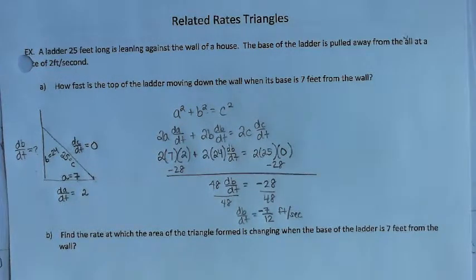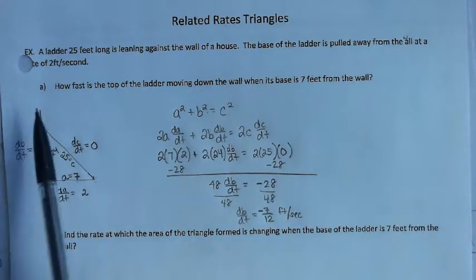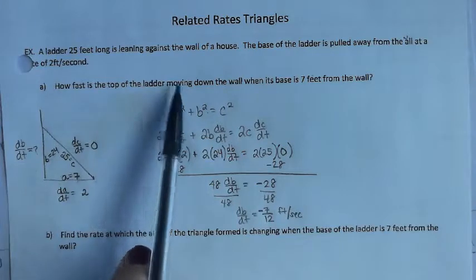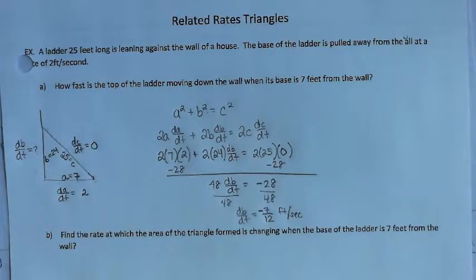The one trick about this, and you have to read carefully, especially in a multiple choice question, is you'd have an option of negative 7/12 feet per second or 7/12 feet per second. You have to pay attention to the wording of the question. How fast is the top of the ladder moving down the wall? What would you say, negative 7/12 or 7/12? Yes.